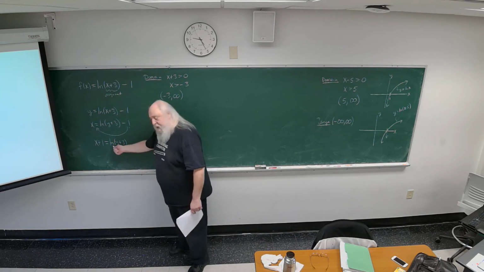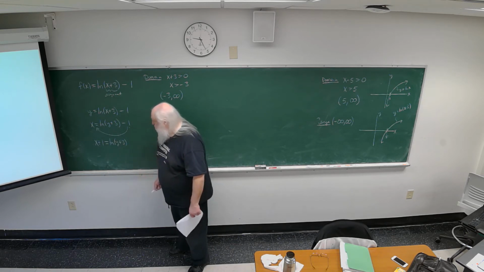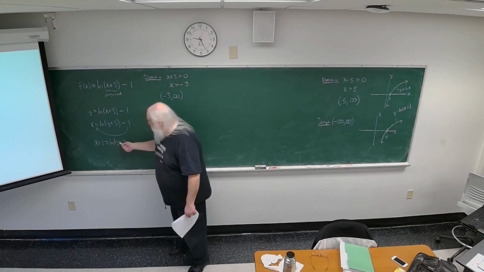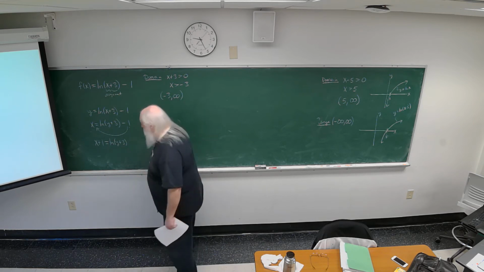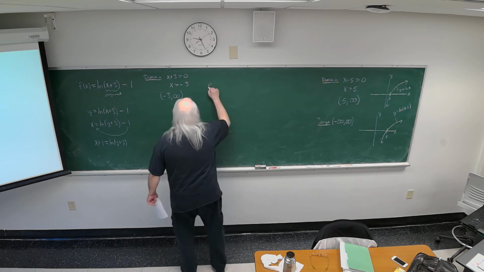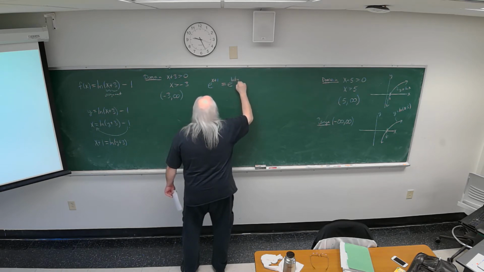You know the natural exponential function is the inverse of the natural log function. Left-hand side equals right-hand side, so I can make both sides exponents on the number e. So I have e raised to the x plus 1 is equal to e raised to the natural log of y plus 3.